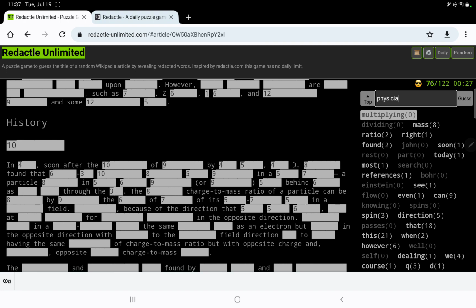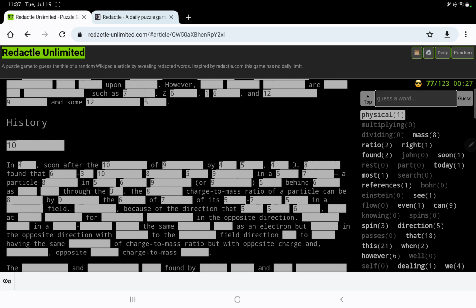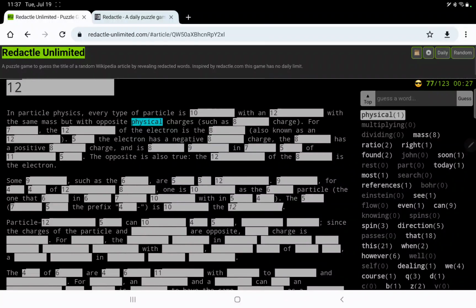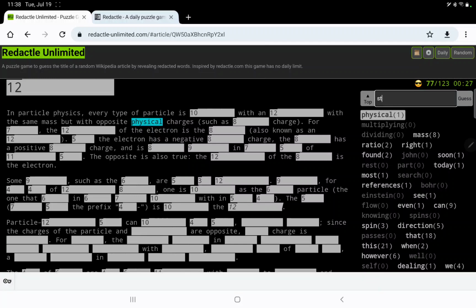Let's get physical. Physical. Let me hear your body talk. No, there is one physical. Oh, so one of the 8-letter words before charges was physical, but with opposite physical charges, but only one, such as something charge. How about static charge? No static at all. Must be FM.